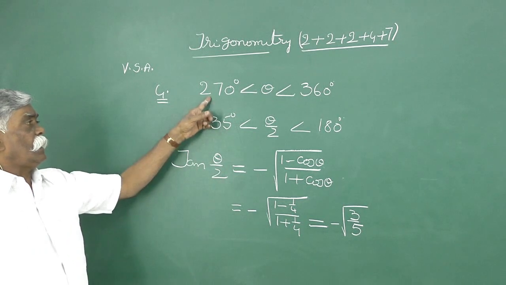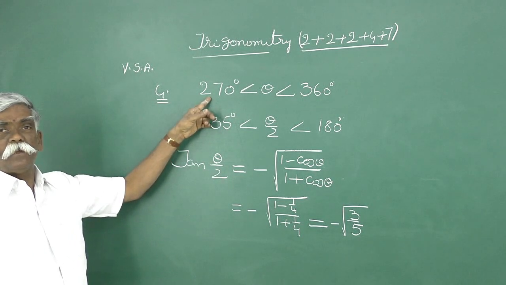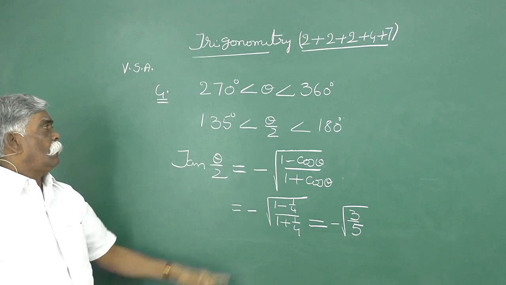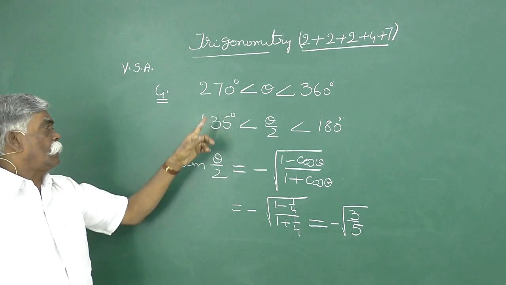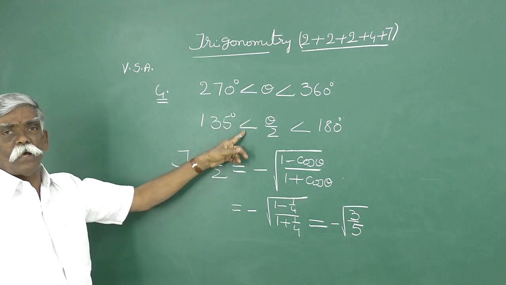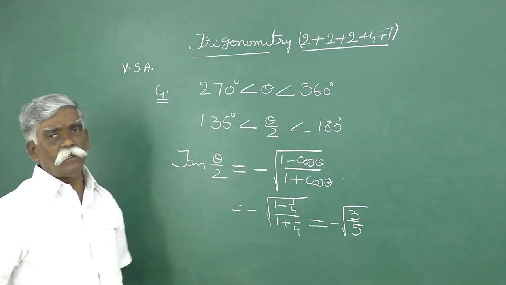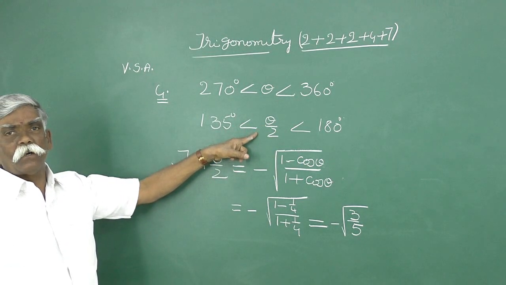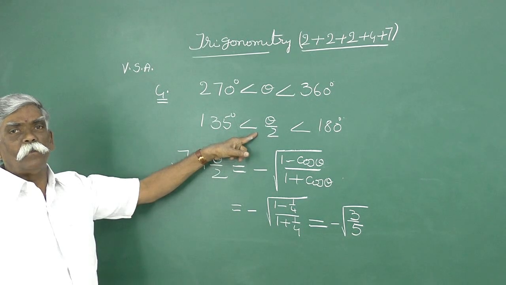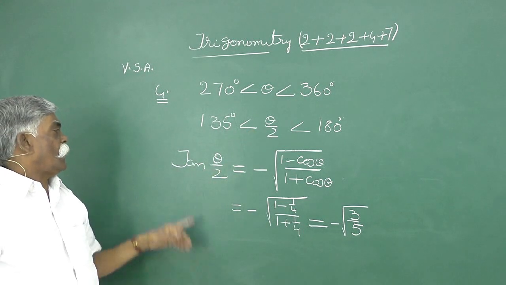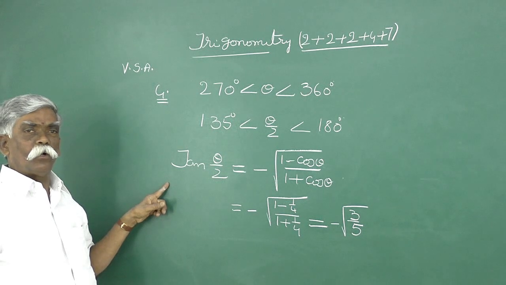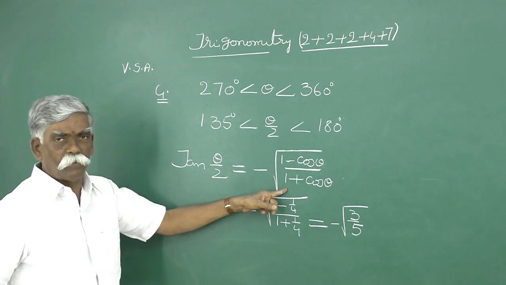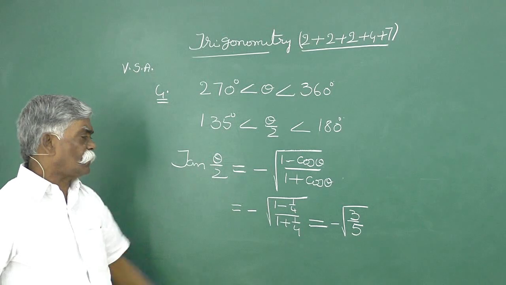So 270 is less than theta is less than 360 is given. Dividing by 2, we'll get 135 degrees less than theta by 2 less than 180. Thereby we know that theta by 2 is in the second quadrant, where tan theta by 2 should be negative. Therefore tan theta by 2 is equal to minus of square root of (1 minus cos theta) by (1 plus cos theta).